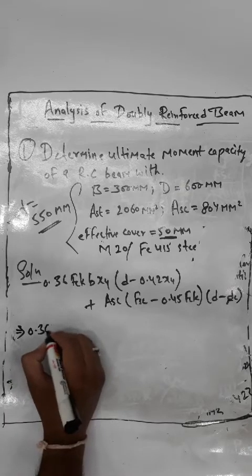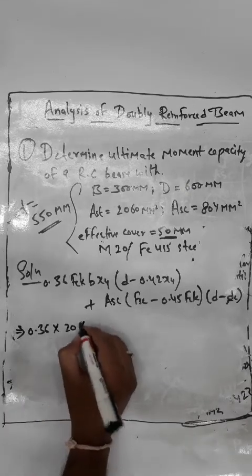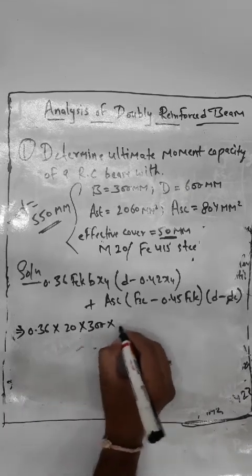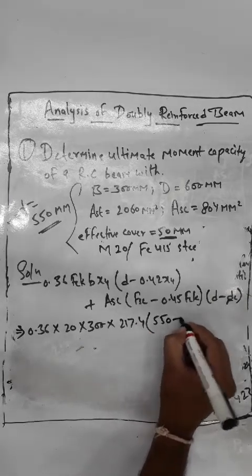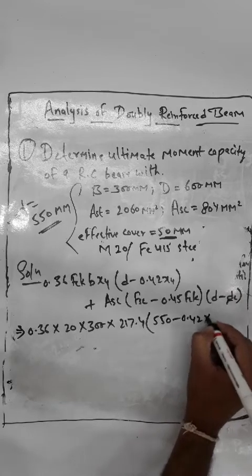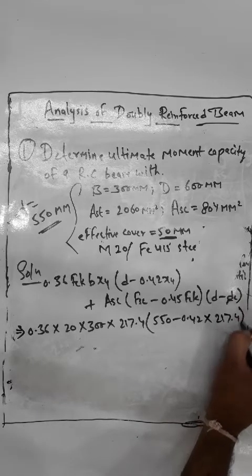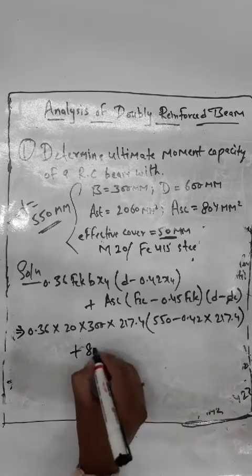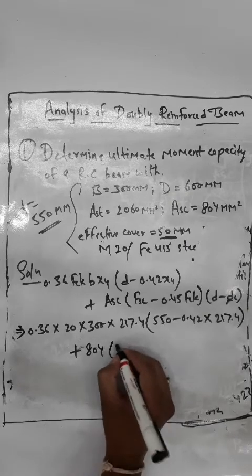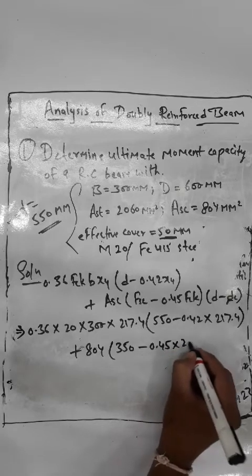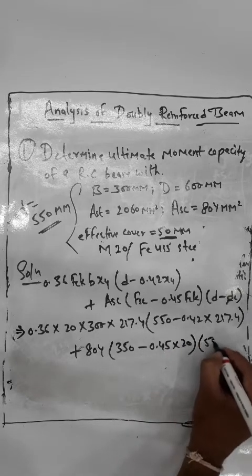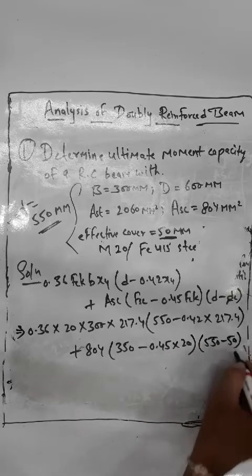So 0.36 into 20 into 300 into 217.4, 550 minus 0.42 into 217.4, plus 804, 350 minus 0.45 into 20, 550 minus 50.